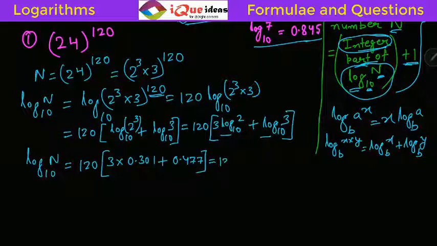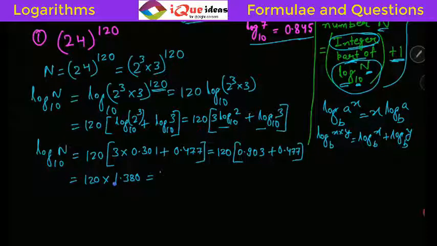So this is 120 into 3 into 0.301 is equal to 0.903 plus 0.477, right? So if you add, it will become equal to 120 into 1.380. And then when you multiply this by 120, it will become equal to 165.6, right?